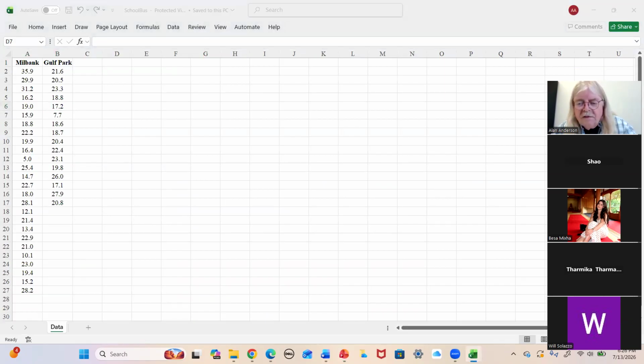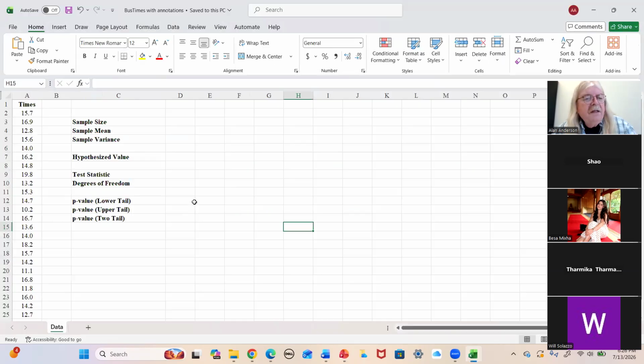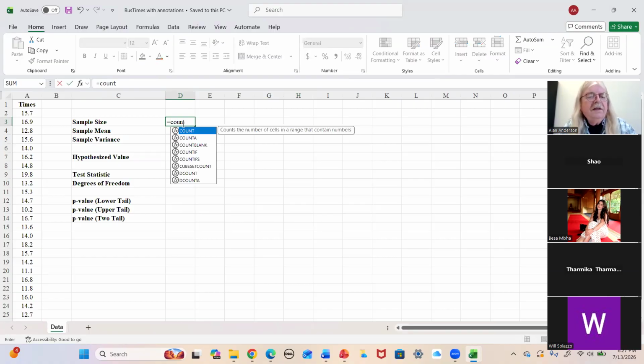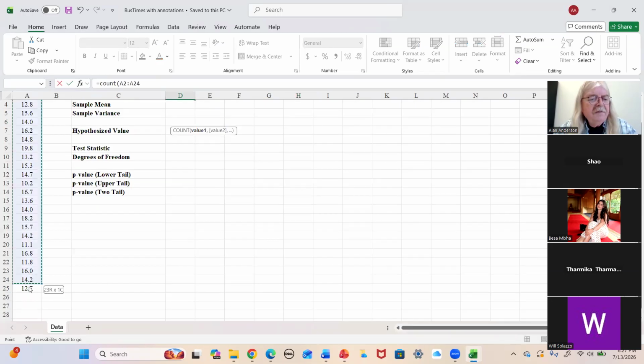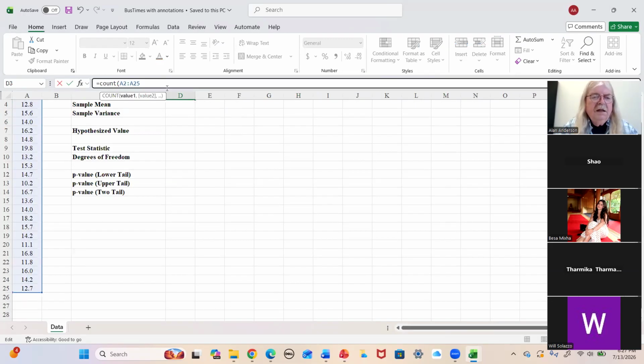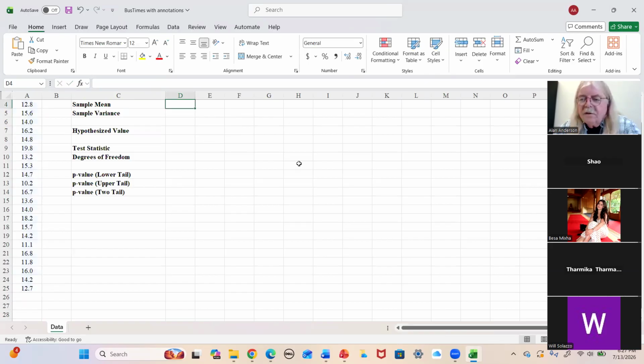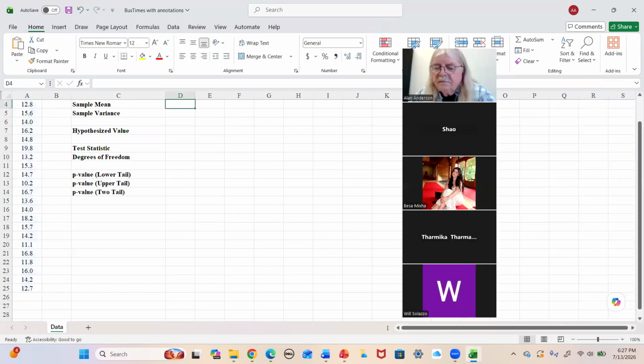Not that one, this one. Bus times. Okay. So here you count, and then we have the data is in cells A2 through A25. All right. Once again, let me make that just a little bigger.